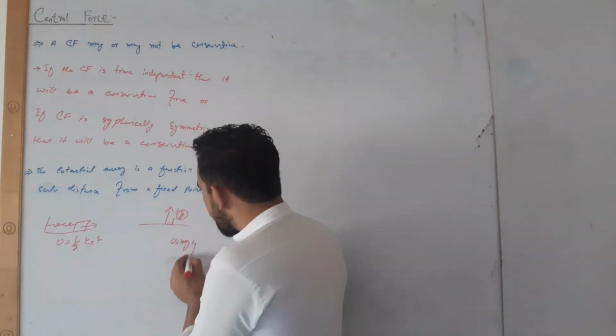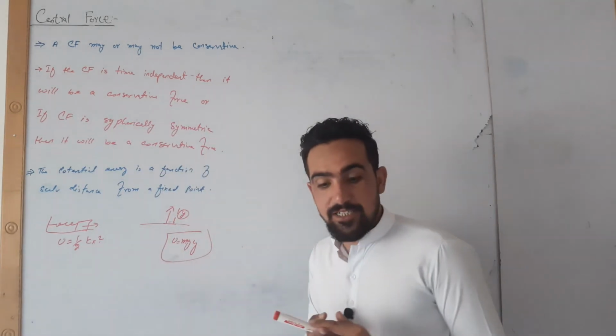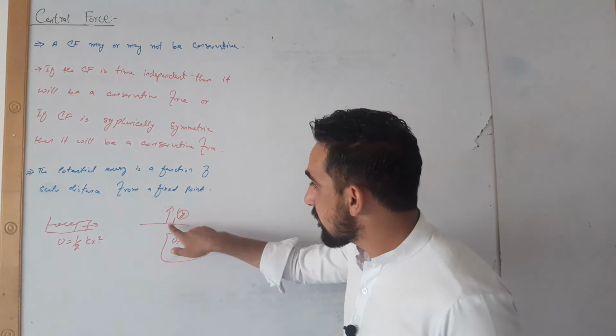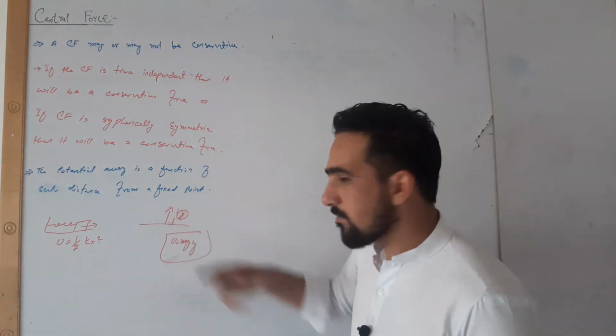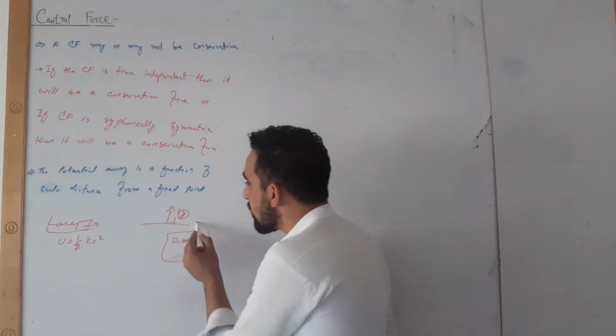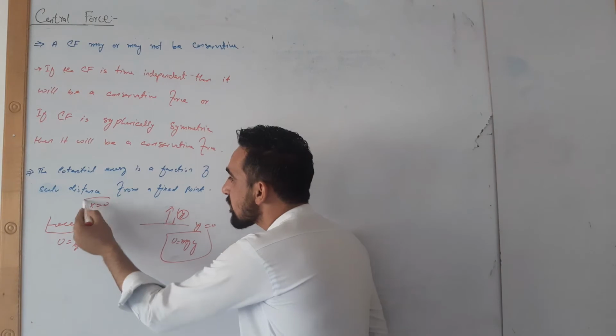So we can see clearly in both the examples that potential energy depends on position, and the potential energy depends on distance from a certain fixed point.